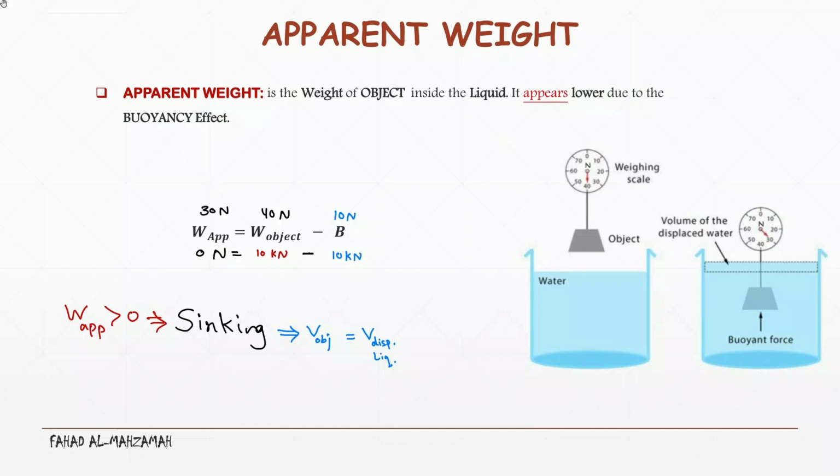So the weight of the object will be different inside the liquid than the weight of the object outside. In order to calculate the apparent weight, we just take the weight of the object and take out the buoyancy effect. So minus the buoyancy, you will get what is left, the apparent weight.